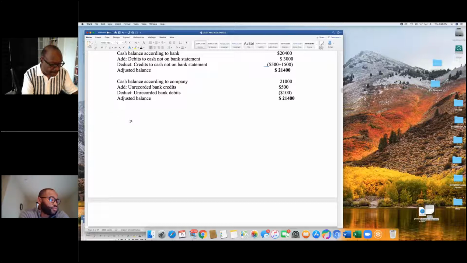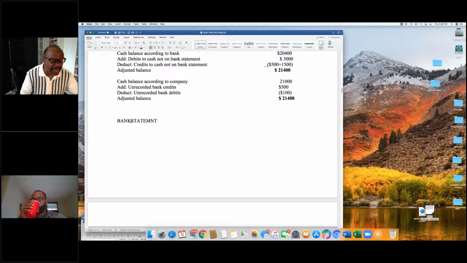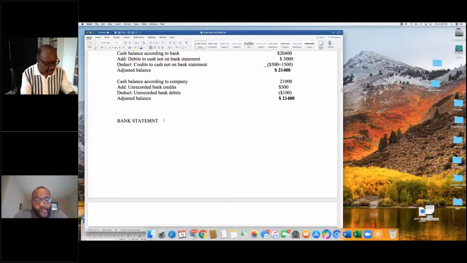We look at the bank statement. So you get the bank statement, and it shows a balance and we'll make the balance $20,000. So the bank says your balance is $20,000.